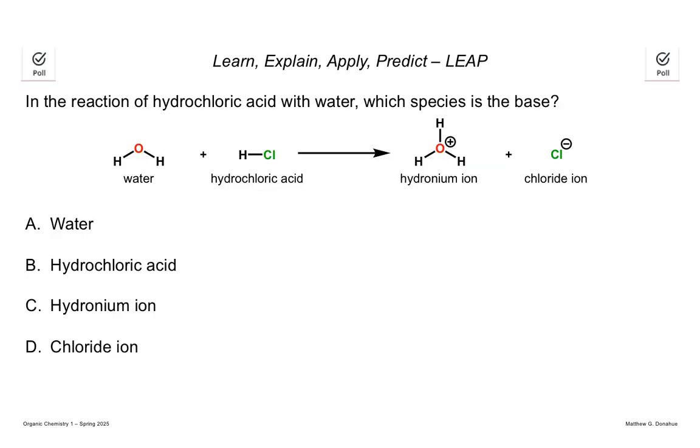So as I said, we'll go through these questions kind of fast. Which species is the base? So that was water. So the action of a base is to abstract a proton. Or again, put another way, donate a lone pair.